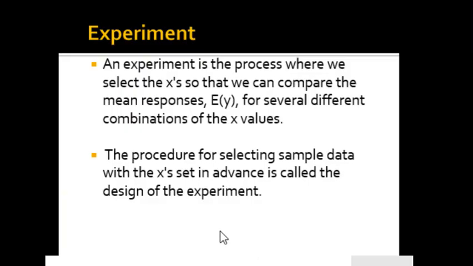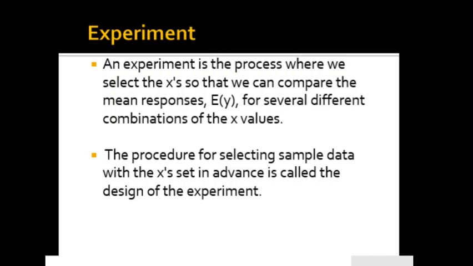So first of all, what is an experiment? An experiment is a process where we are trying to collect sample data, and the way we do that is by selecting the x's that we want to study and comparing the mean response with various combinations of the x values.